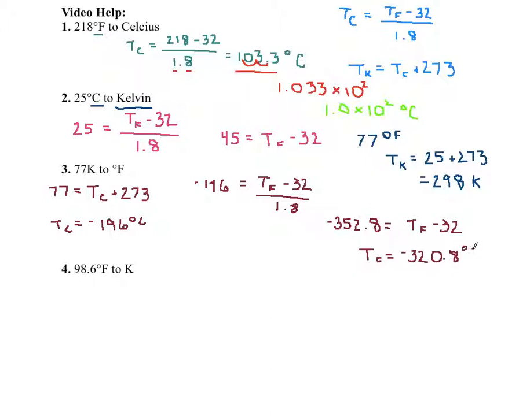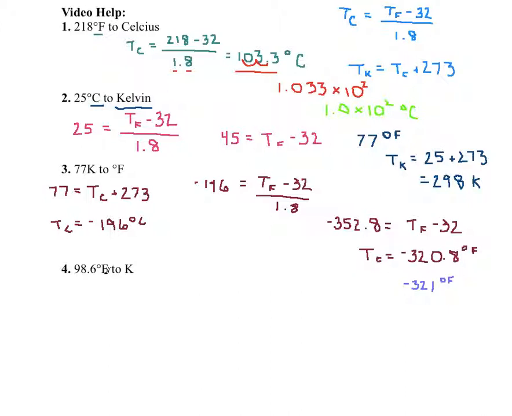So when I round this final answer, I need to base it off of the fewest number of decimal places. Well, 32 has no decimal places, so this is going to round to negative 321, so that it will have no decimal places. And we're good to go.